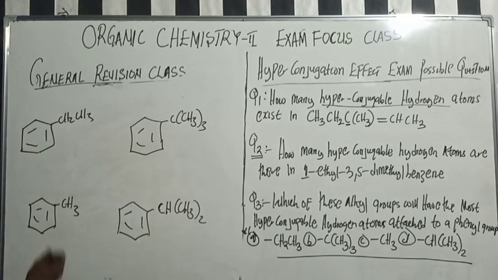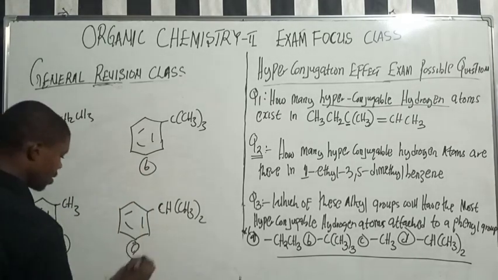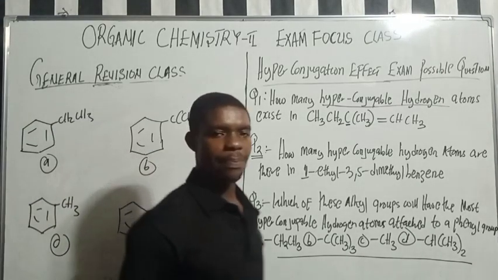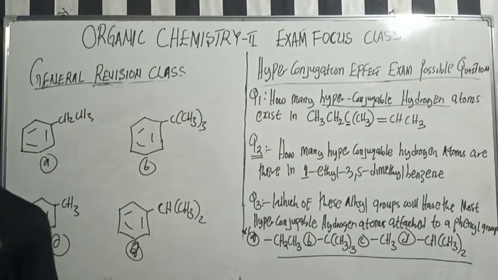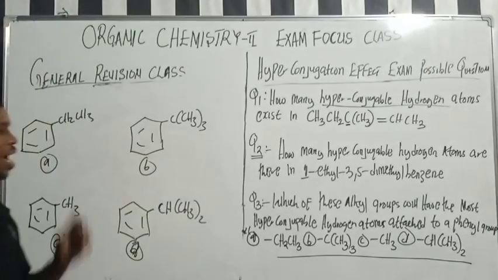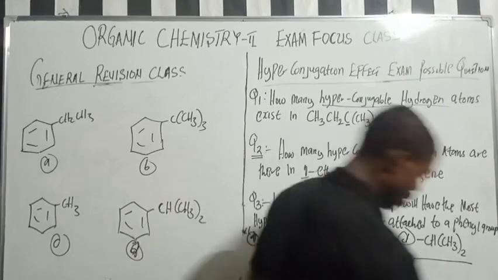So go ahead and try A, B, C, D. Which one has the most hyperconjugable hydrogen atoms? Go ahead and send it to the comment section. Which of these will have the most hyperconjugable hydrogen atoms?